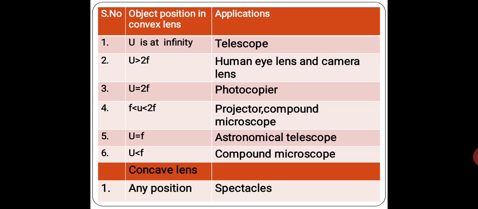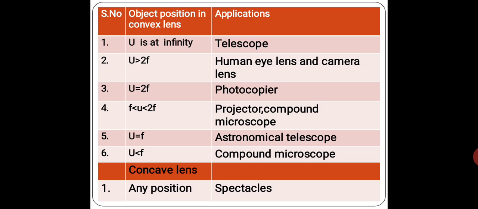Then when the object is placed beyond 2f, this can be used to correct the human eye defect, and it is also used in the camera lens. And when the object is at 2f, that is when the object is placed at C, you get the same size and you get the same position. So such position is used in photocopiers.